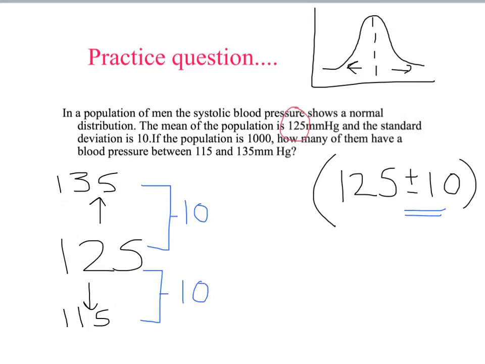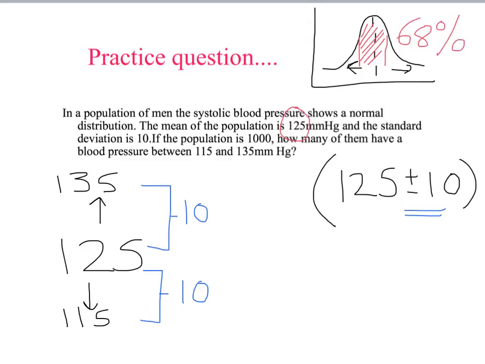So what the question really is asking is, what amount of the population are within plus or minus one lot of standard deviation? And as we saw in the previous slide, if we go back to this graph at the very top, one lot of standard deviation either side covers 68% of all values.